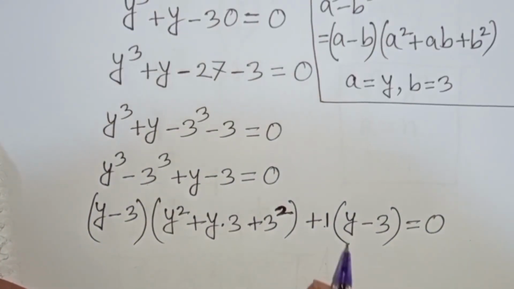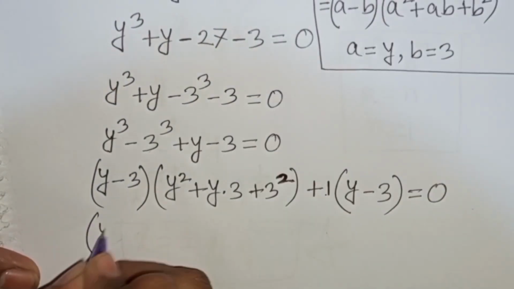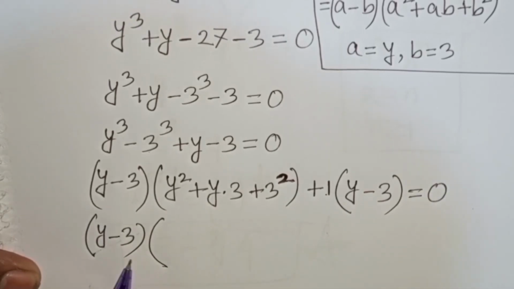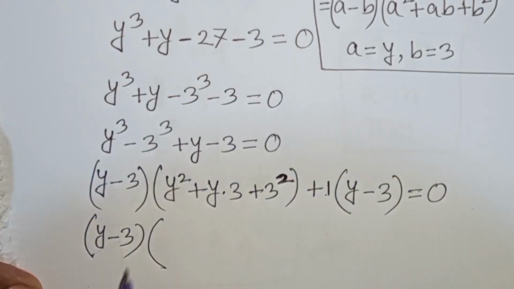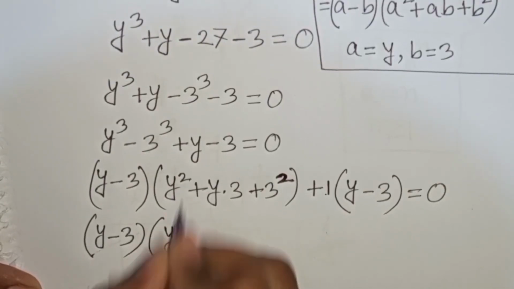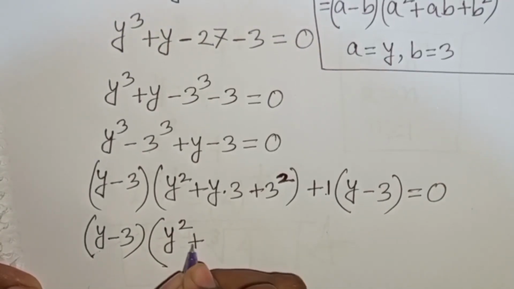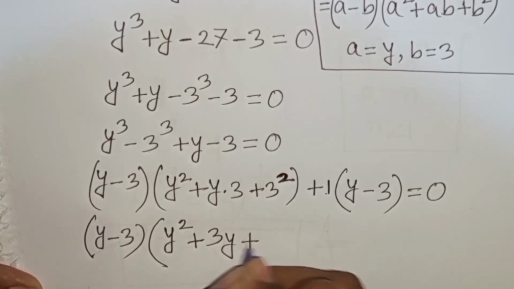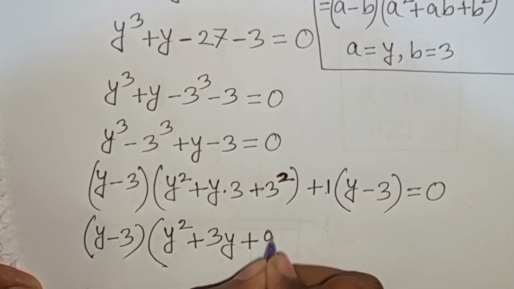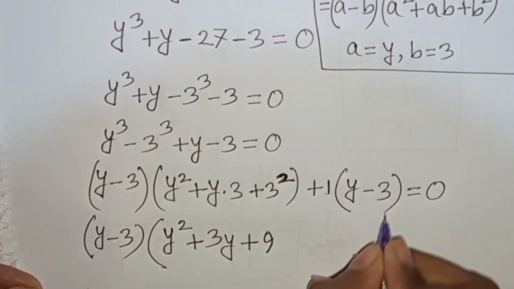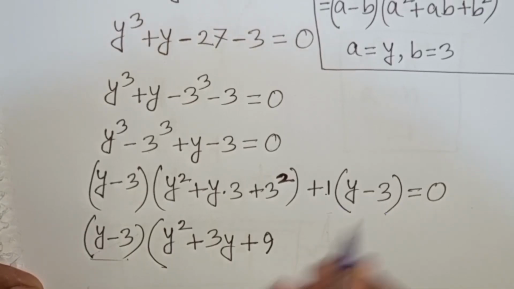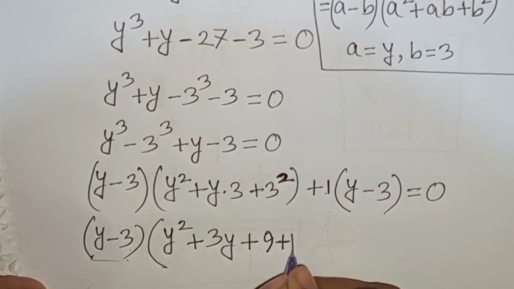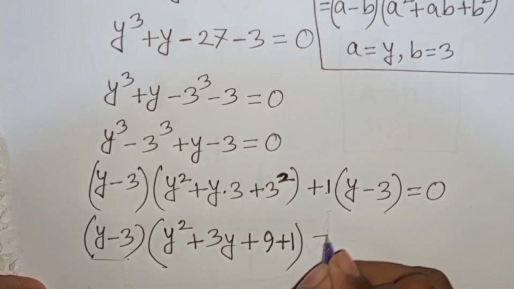Now we see y minus 3 is common, so take common y minus 3, so bracket y minus 3 is out of this bracket. So this divided by this, that means y minus 3 will be cancelled, so we have y square plus y times 3, that means it will be 3y, plus 3 square is the same as 9, then this divided by this, that means y minus 3 will be cancelled, so here plus 1, then bracket close is equal to 0.